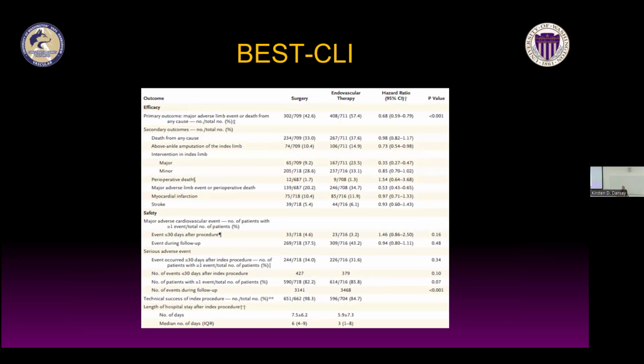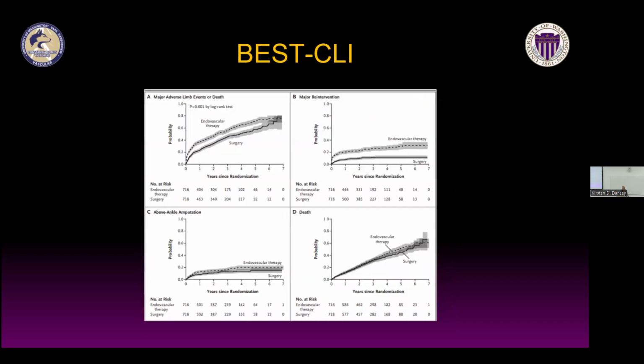However, when greater saphenous vein is not available, outcomes between surgery and endovascular intervention are similar. Improvement in quality of life metrics was more often found in patients who underwent endovascular interventions, and death from any cause was similar between surgery and endovascular intervention, with 33% versus 37%.